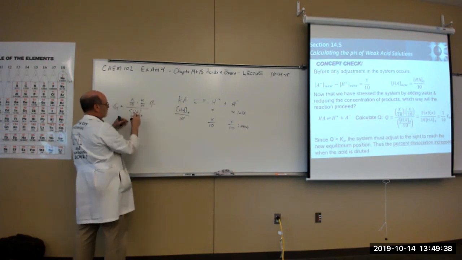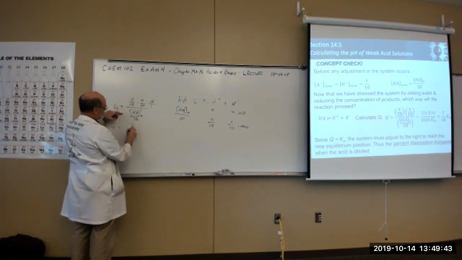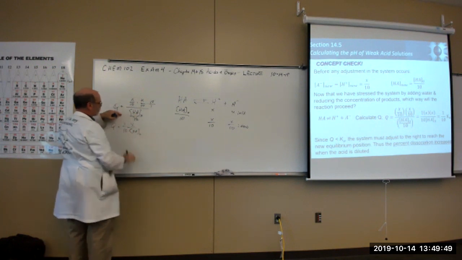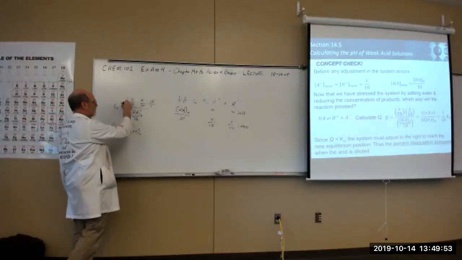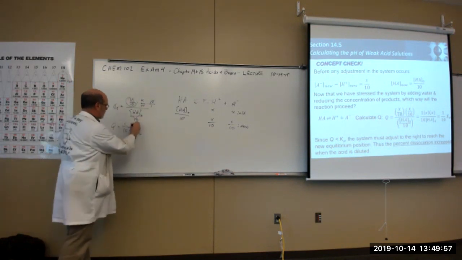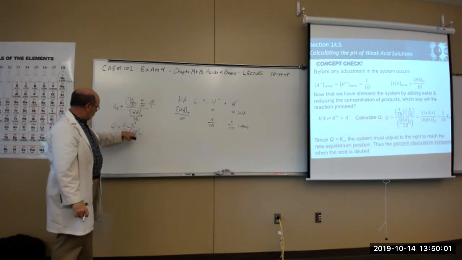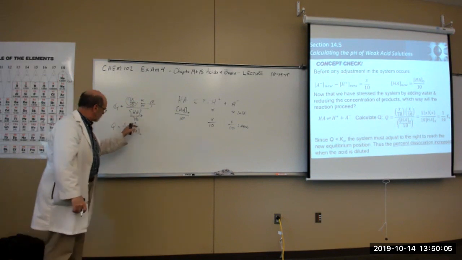That cancels one of them. So now the Q is X divided by this one times 1/10. There's your 1/10, right? I factored out this 1/10 right there. So that leaves X squared. So it's X squared over this times 10. Q is 1/10 of this value.